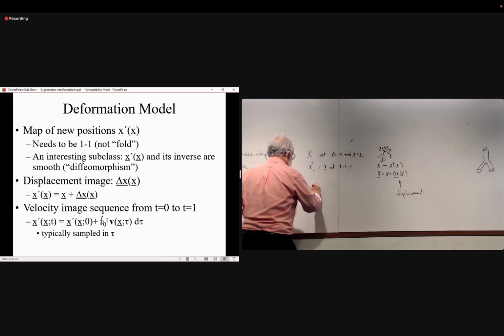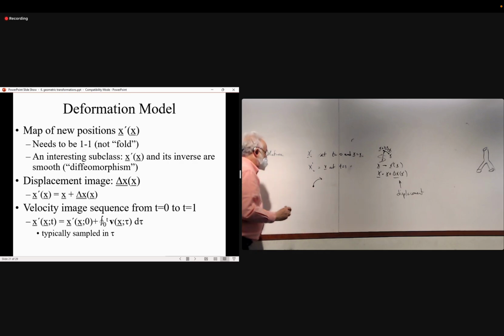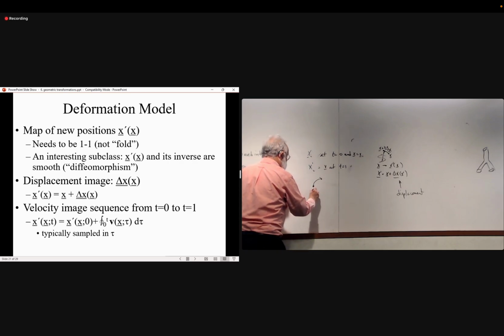And what we're trying to do is to find some path from xi to xi prime that we can think of divided into little time intervals.